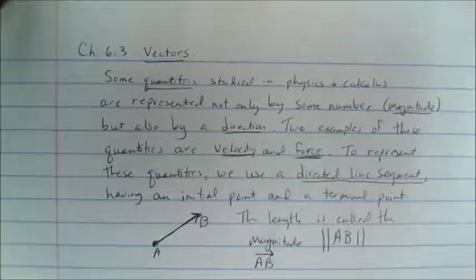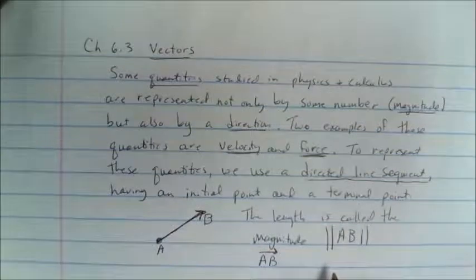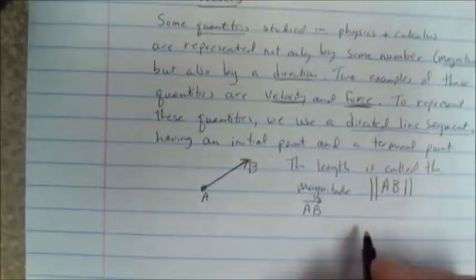So that's the arrow. Now, two line segments can have the same length and direction, and they would be equivalent.